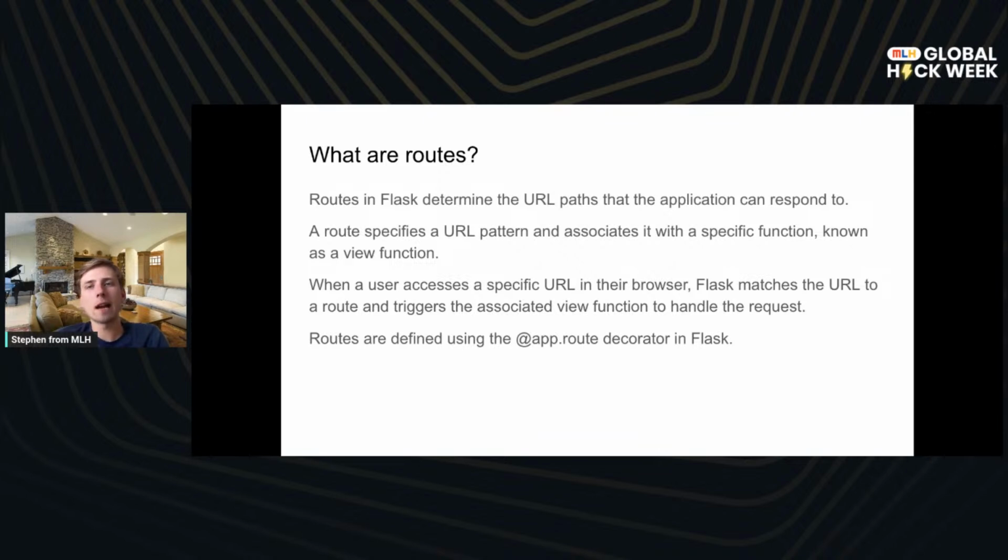And so when a user accesses a specific URL in their browser, Flask matches the URL to a route and triggers the associated view function to handle the request. You might be wondering, what's a request? Well, we're going to cover that, so don't worry. And routes are defined using the app.route decorator in Flask. So send a chat if you have ever heard of the word decorator.